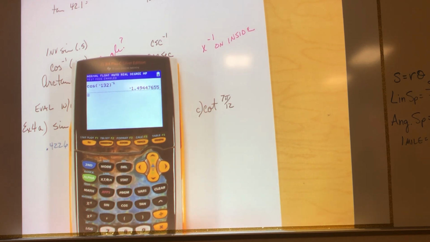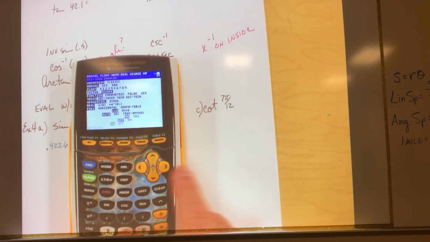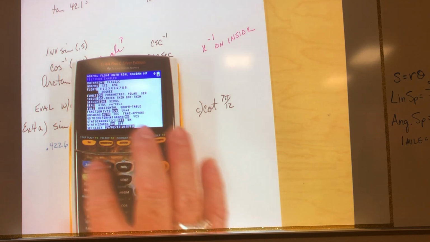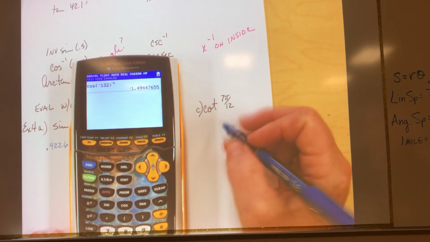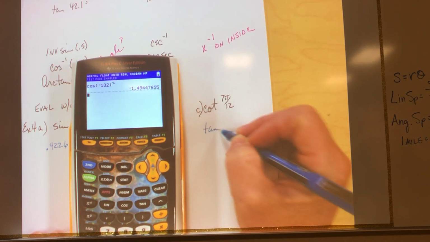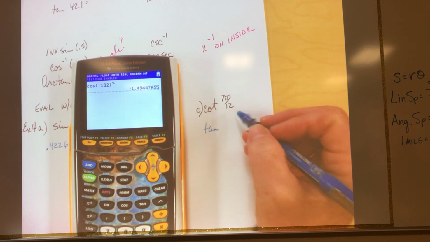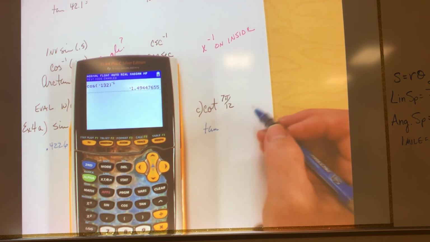Okay, so here's this next one right here. I'm going to be in radians, so I'm going to change the mode. Obviously I don't have a cotangent button, so what do I have to use? Tangent. I'm still following those same rules, guys. I'm looking for a side, so the x to the minus 1 has to go on the outside.